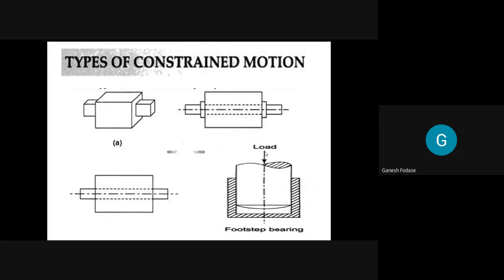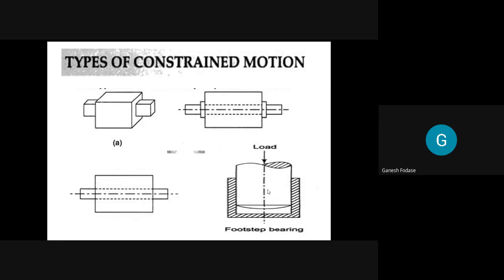Now, this is actually a footstep bearing example. If this load is not applied here on this bearing, then this shaft can rotate, as well as move linearly. If we apply force, if we rotate this, it can rotate, as well as we can move it linearly. So there are two motions possible initially when this load is not there.